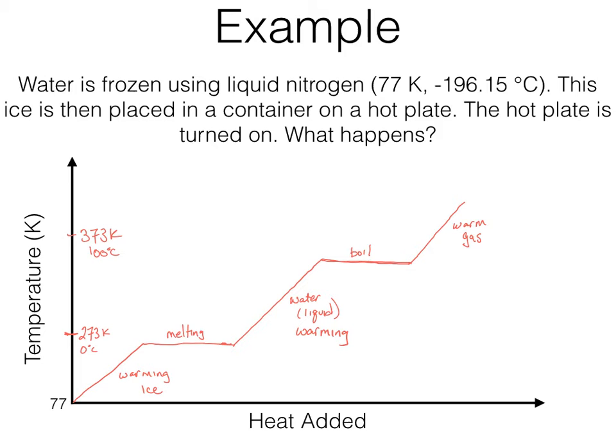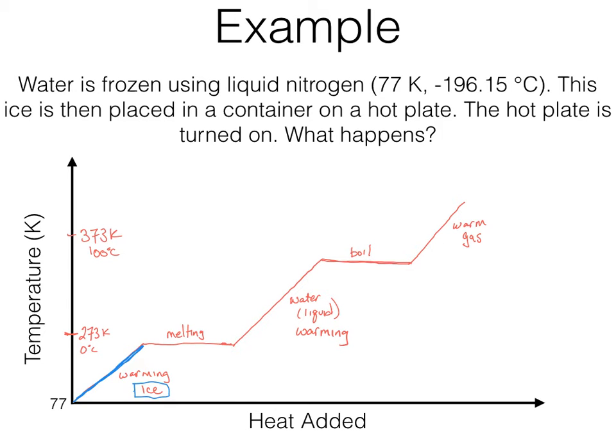So this diagram is what is known as a phase diagram or a heating curve. And that is because we can indicate what phases we have at what points. And so this first portion is where we have ice.